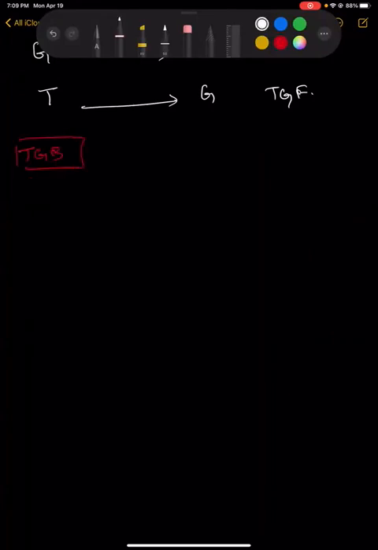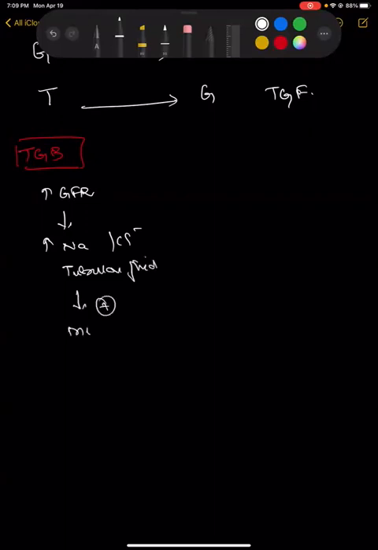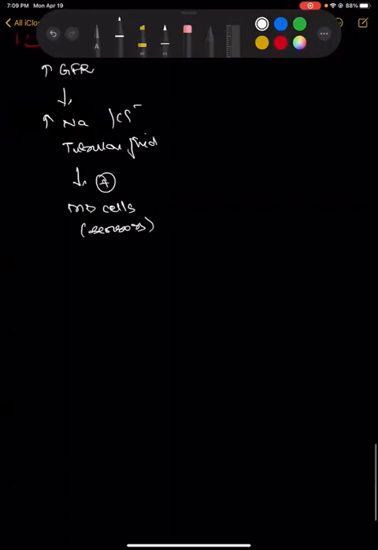Whenever there is a raise in the GFR, we have a raise in sodium and chloride levels in the tubular fluid. And this in turn activates the macula densa cells, and they act as the sensors for both sodium as well as chloride. Most of the time we think that it is sensitive only to sodium, but apparently it is also sensitive to chloride.